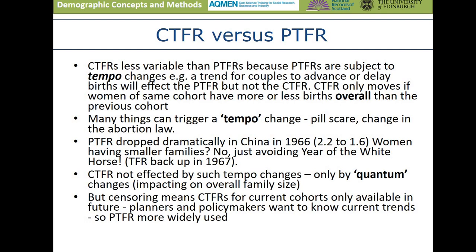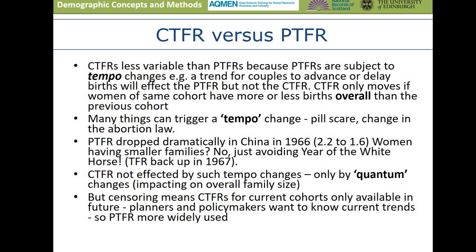So changes in the law around abortion, or scares around health effects of the contraceptive pill. Some evidence in some countries of people avoiding giving births in particular years, so the year of the white horse linked to a drop in period total fertility rate in China.